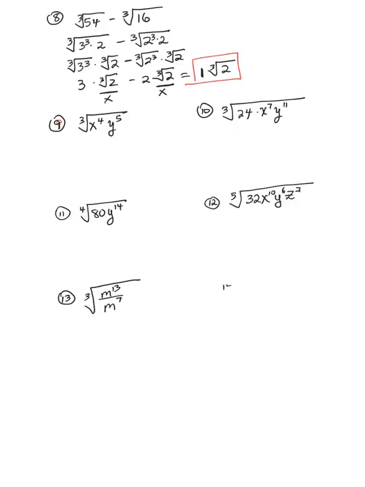And 14, the fourth root of 486 m to the 11th divided by the fourth root of 3m to the 5th. All right, copy these down, think about them, and we'll discuss it. Pause the video, and we'll get back to them.